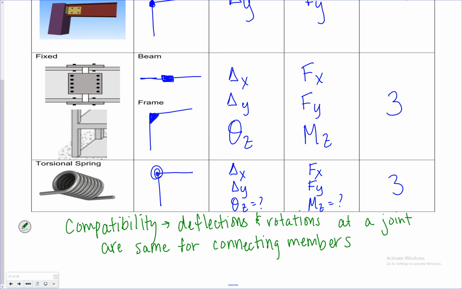Compatibility, meaning the deflections and the rotations at a joint are the same for the connecting members. If you have 2 beams that are connected by a pinned or a fixed joint, at that joint they're both going to deflect vertically the same and horizontally the same, if they deflect. And they're going to rotate the same if those are allowed.